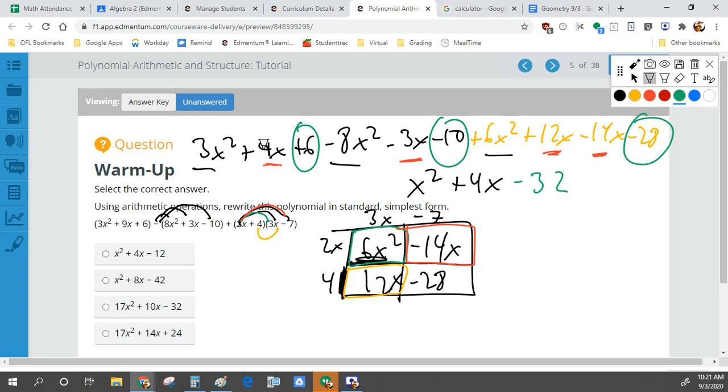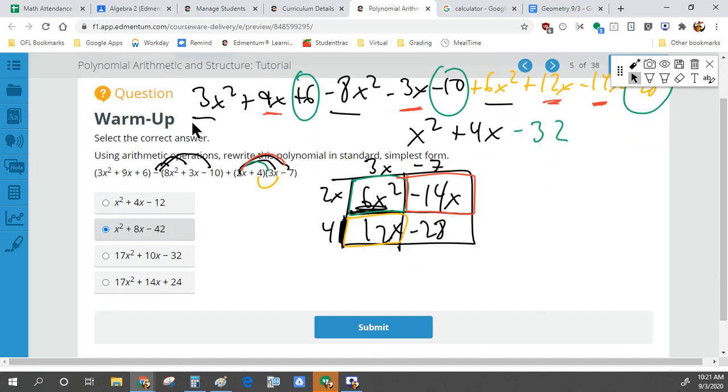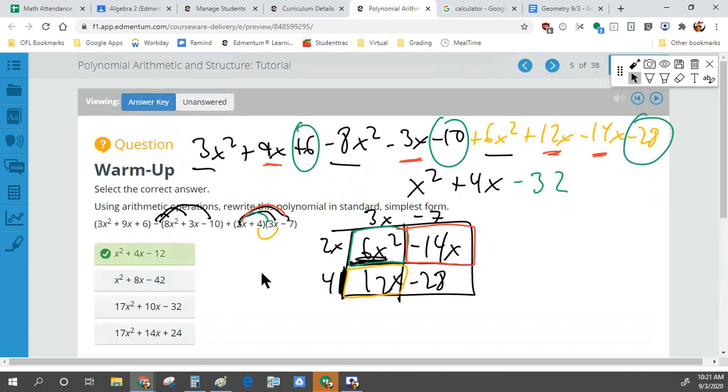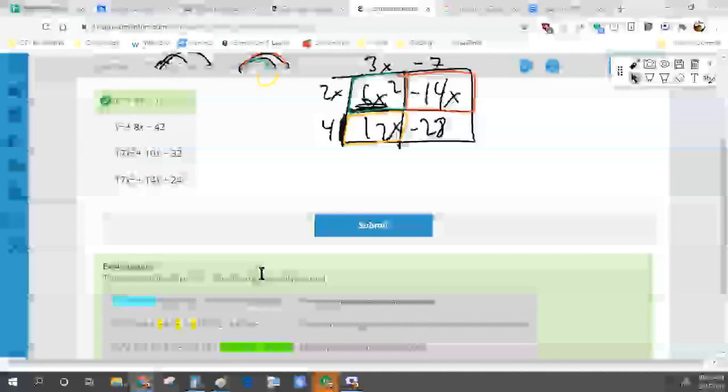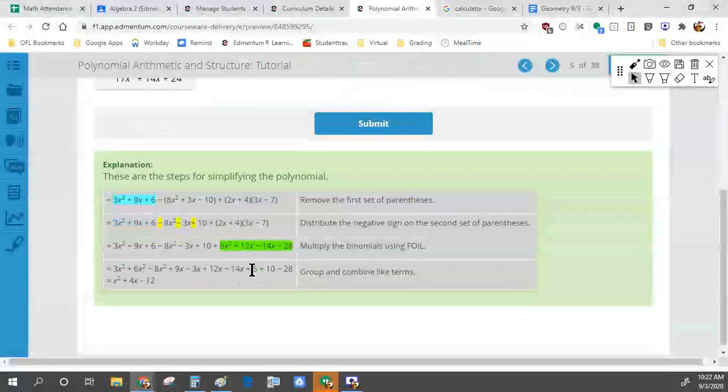Where did they get 17 from? I must have forgotten a 10 somewhere. What happened here?